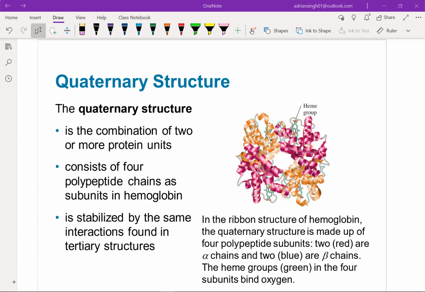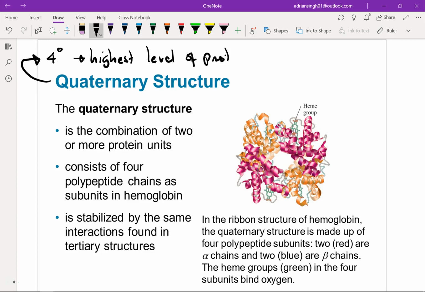Okay, so that brings us to the highest level of protein structure, which is called quaternary. So quaternary is abbreviated 4 with a degree sign, and this is the highest level of protein structure, and this is actually maybe the simplest out of all of them.